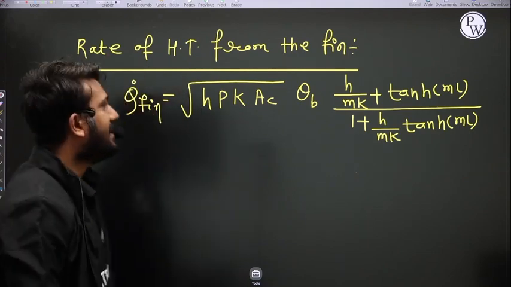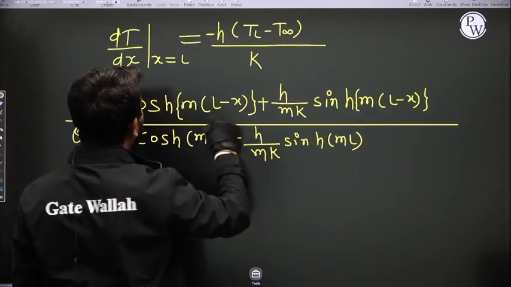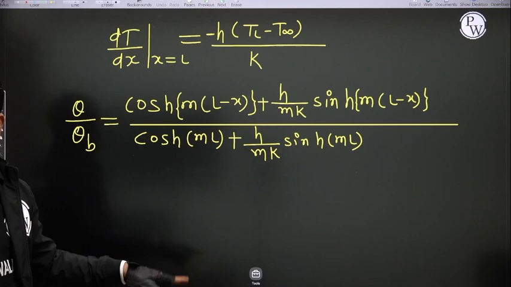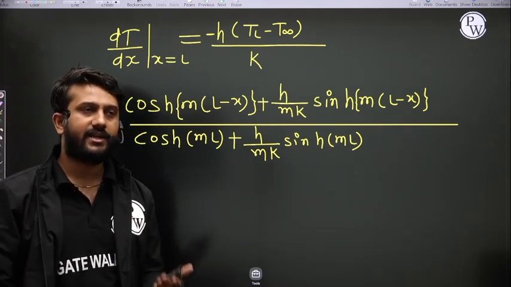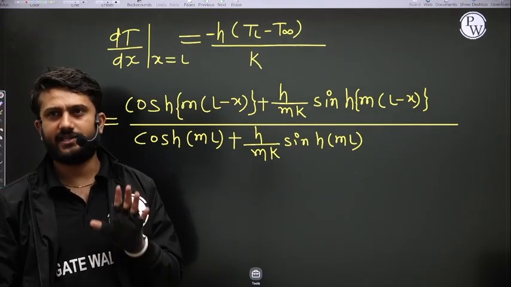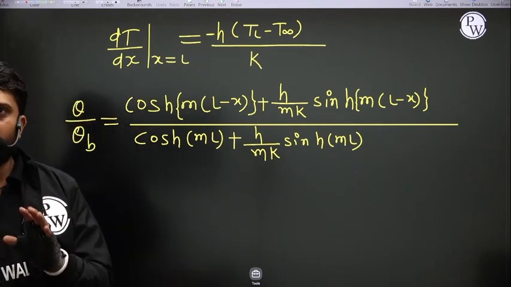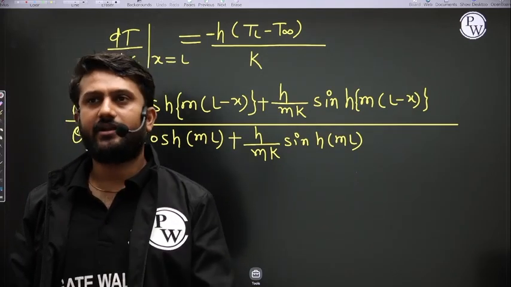So it is difficult to remember these mathematical expressions in this case, right? Short fin with insulated tip is easy, but short fin without insulated tip is a little bit difficult to remember.